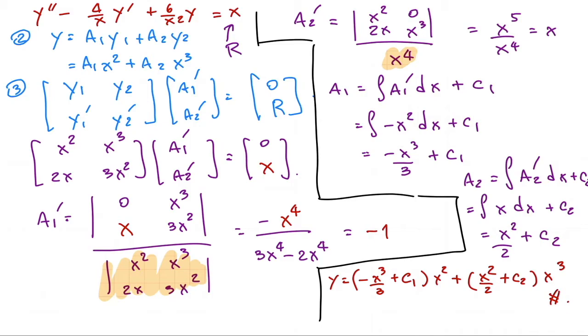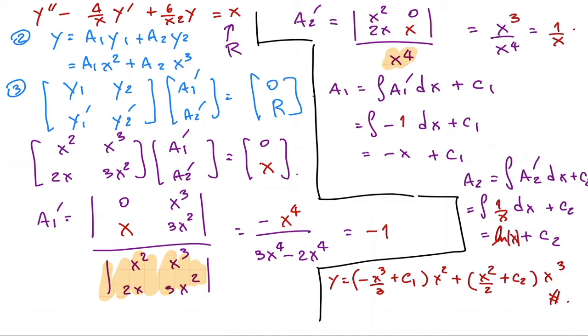And here is x cubed. So here is 1 over x. Make sense? So a1 is integrate minus 1, which is minus x, plus c1. And a2 is integrate 1 over x, which is log x, plus c2.